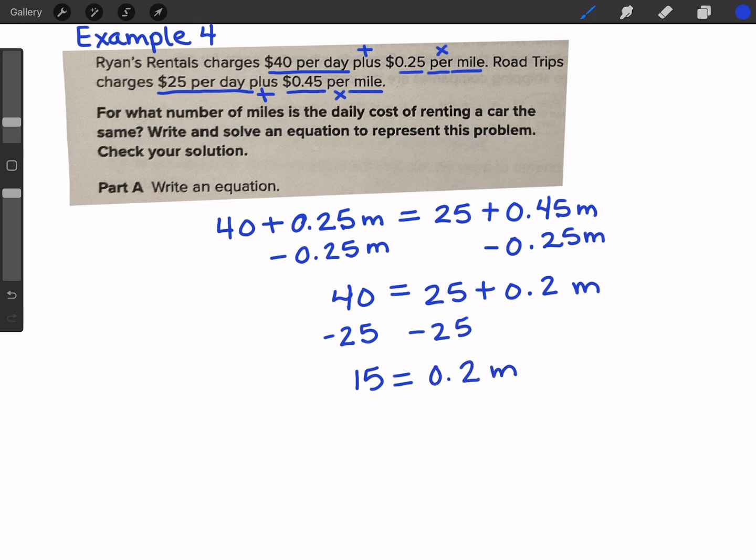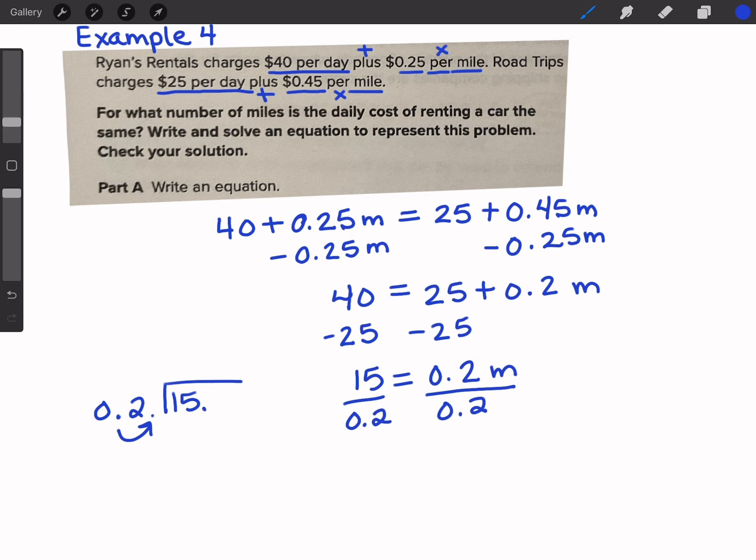Okay, I'm going to show you guys some division over here because I know there's some confusion when we divide with decimals. So let's see. Over on the side, I want to have 0 and 2/10, and I want to move that decimal over one place so that I'm no longer dividing by a decimal.